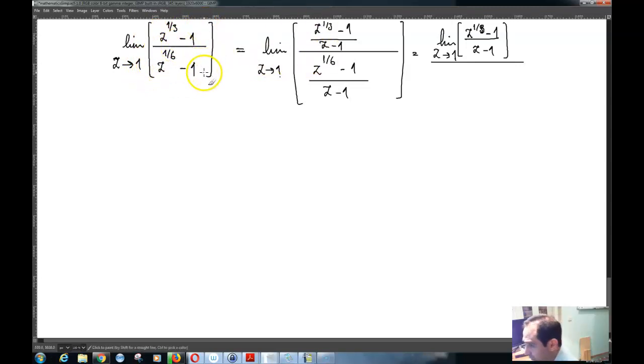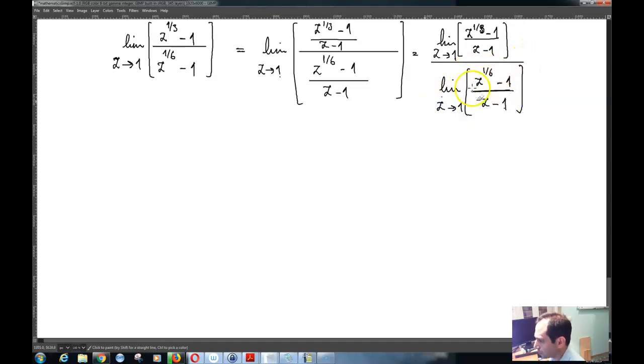So you already know that. And then the denominator, you can write it as the limit of (z^(1/6) − 1)/(z − 1) as z tends to 1.